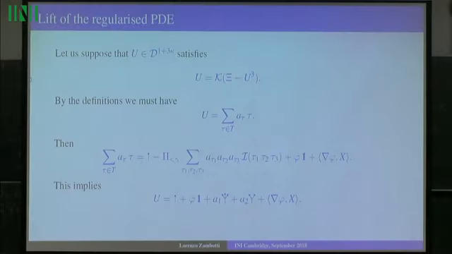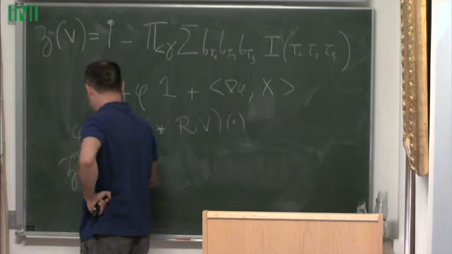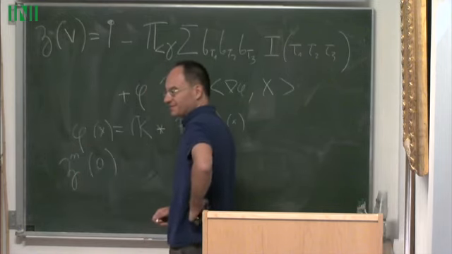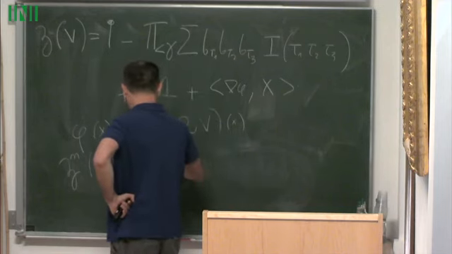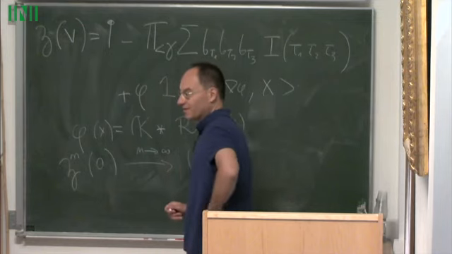The principle of a contraction is that you iterate it. You start from anything, so the zero function, and when n goes to infinity, this should converge to the fixed point u.